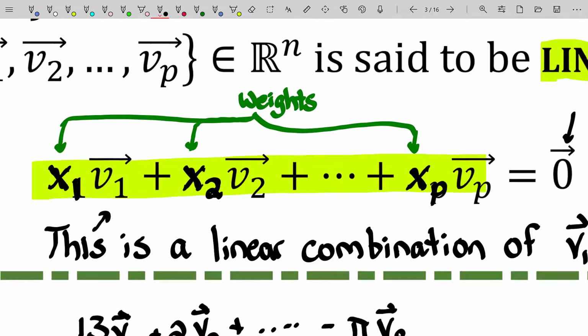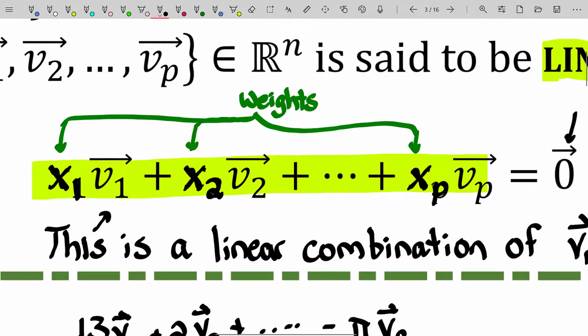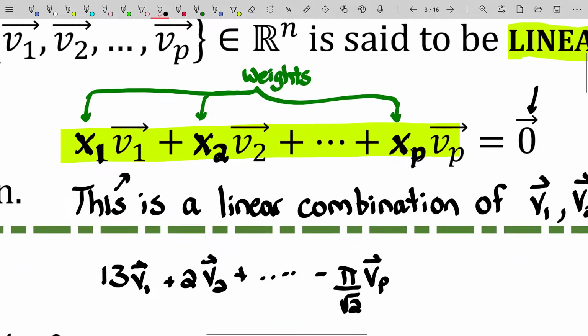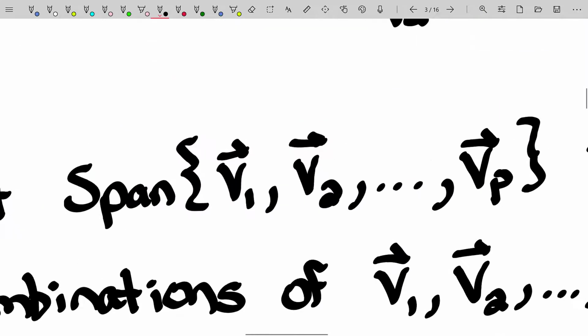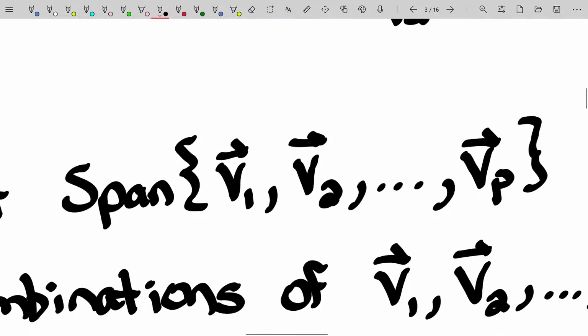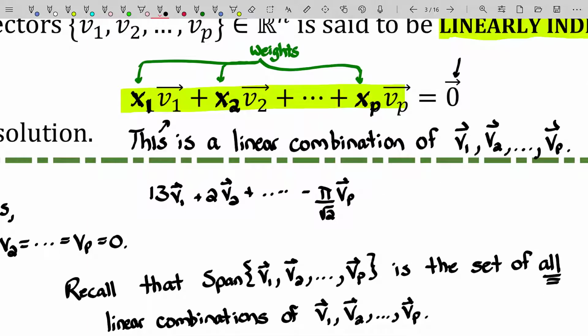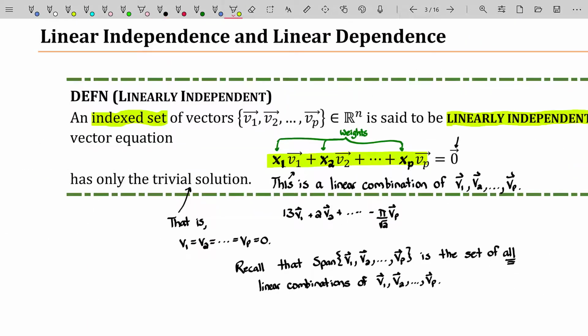Of course, we already know there is the 0 vector, but it's the same as asking, in the span of those vectors, which is a set of all linear combinations of those vectors, is there more than one linear combination, which by the way is a vector by itself, but is there more than one linear combination that turns that into 0? Now again, we know that the trivial solution will always solve that vector equation.